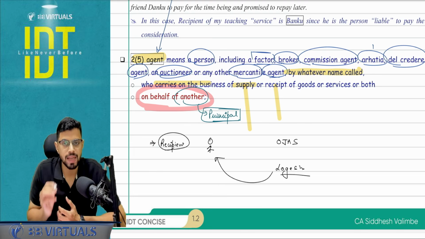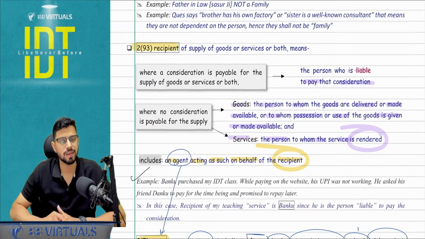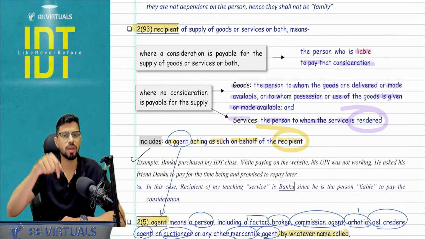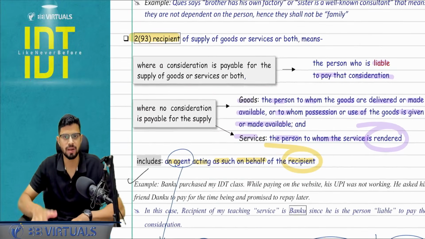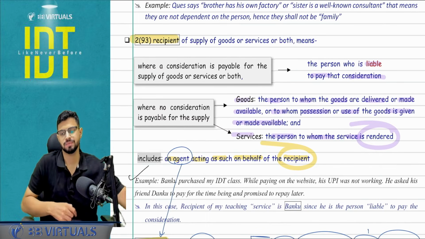I hope this is absolutely clear. Quickly see this definition of recipient. Right now I'm giving you 30 seconds. See it, I'm waiting, pausing for 30 seconds. Review this definition.